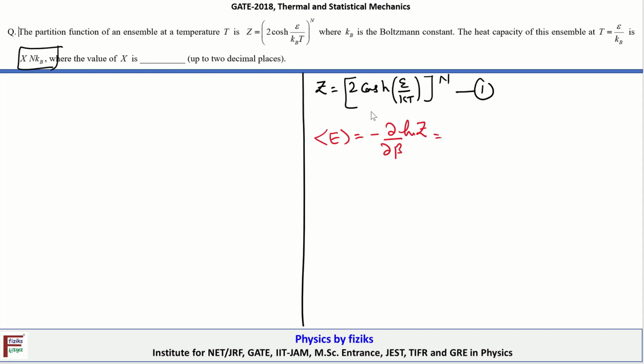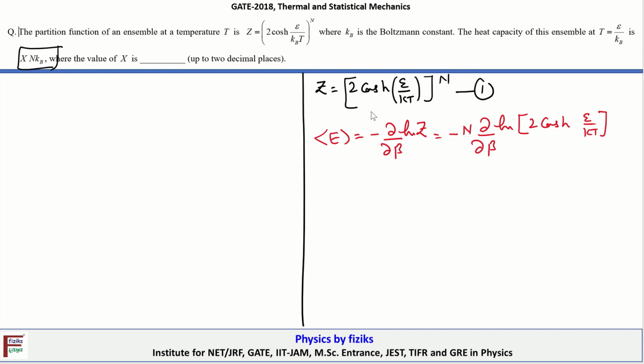That means we are supposed to take the logarithm of equation 1. While taking the logarithm, n will come before the differential, so this is equal to minus n d/dβ of ln 2 cosh(E/kT), because it was power n.